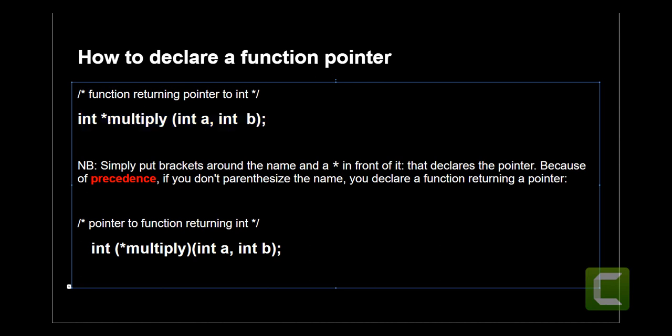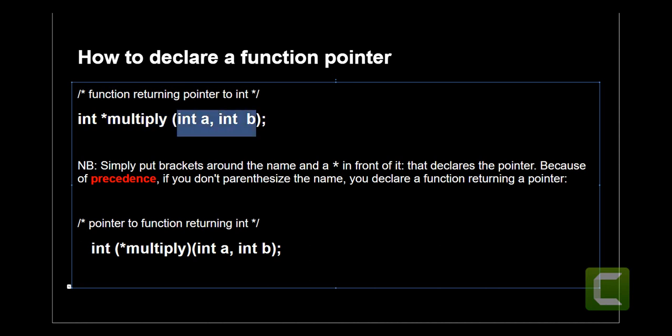The function is called multiply, and it takes in two arguments, a and b, which are both integers, and these two integers are pointers. I hope you get that. So we've not got the address of the function multiply. What is happening is this function is storing other addresses, which is not what we want.